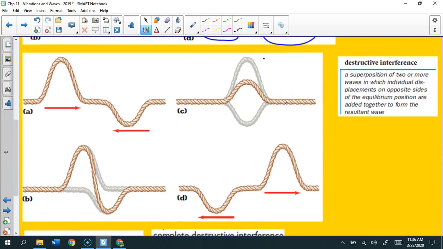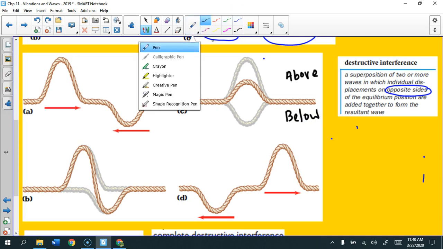How does destructive interference occur? Well, you need for those waves to be on opposite sides. Opposite sides means if we look at above and we look at below, don't get confused with left and right.